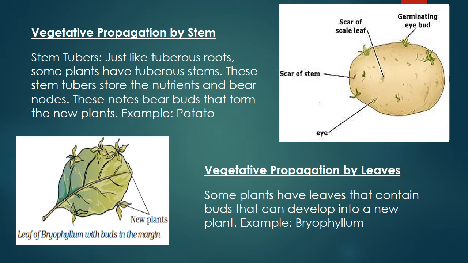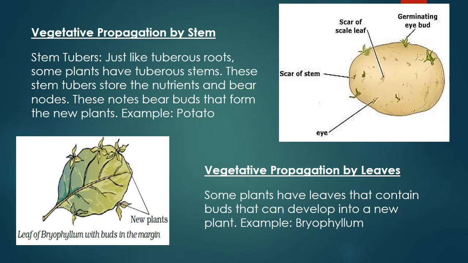Next is vegetative propagation by stem. Examples are potato stem tubers. Like tuberous roots, some plants have stem tubers. We call these the buds or the eyes of the potato. This stem tuber stores nutrients and bears the nodes.